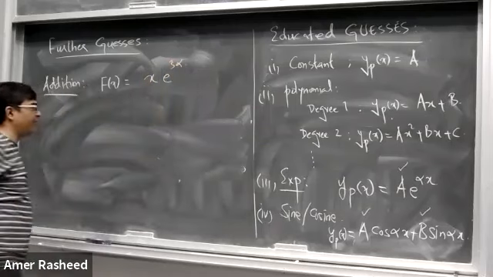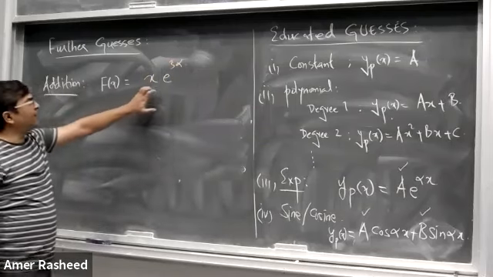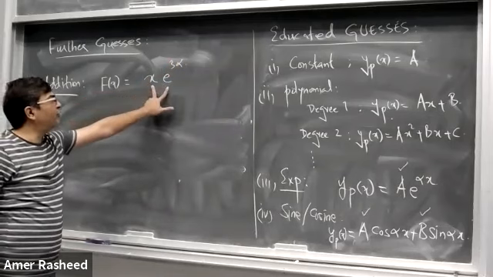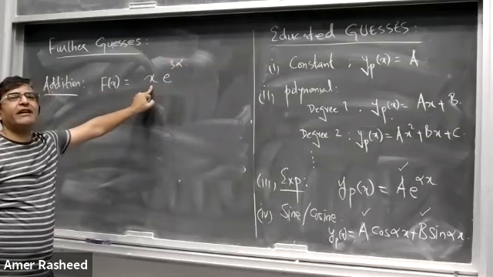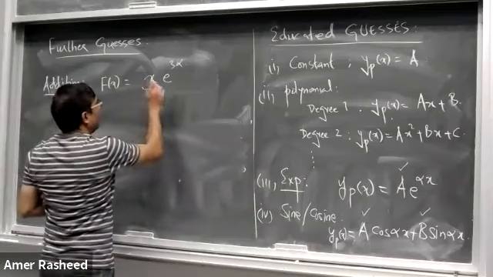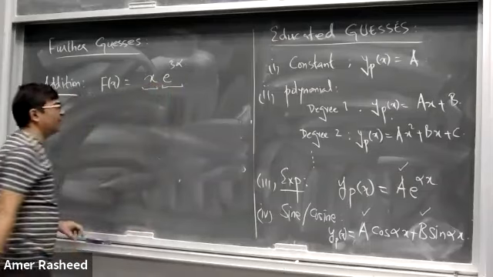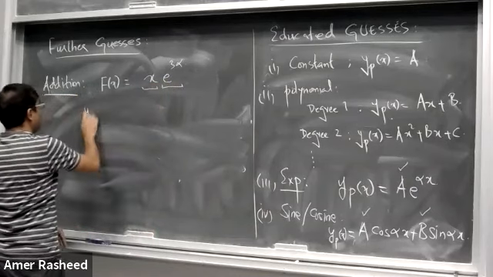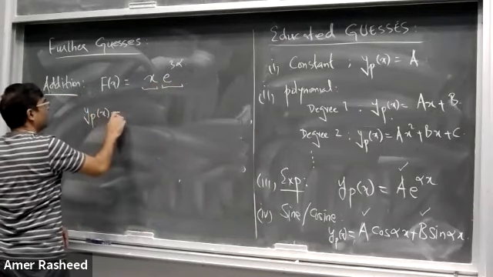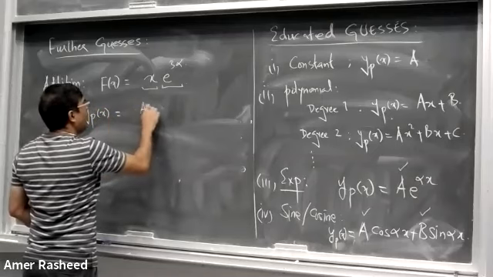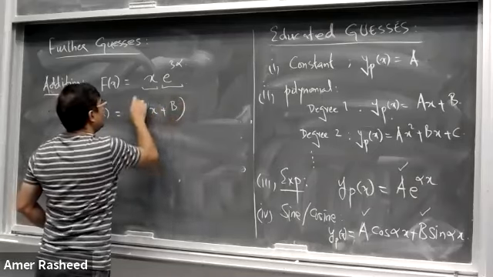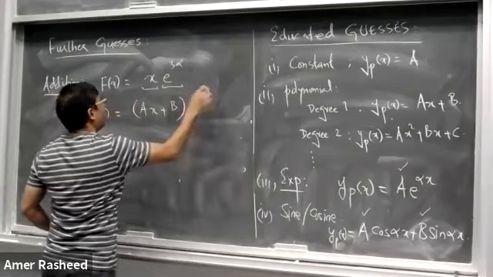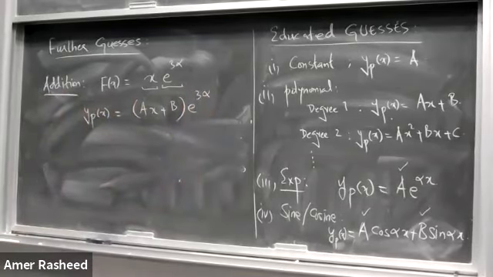Now the right-hand side function is the product of two functions. This function is a polynomial of degree 1, and this function is an exponential function. How do we write the educated guess? How do we write yp of x? It should be ax plus b times e raised to the power 3x. This should be the educated guess of the particular integral.